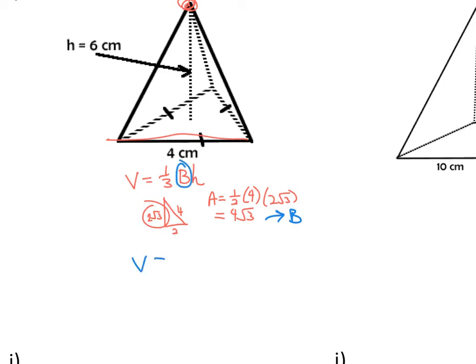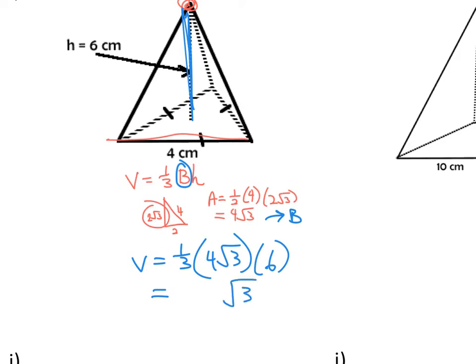So the volume is 1/3 multiplied by that base, 4 radical 3, multiplied by the height, which we're given is 6. So multiplying that together, I'm going to carry along that radical 3, multiply the numbers, so 1/3 of 6 is 2. 2 times 4 is 8 radical 3, and that's in cubic centimeters.